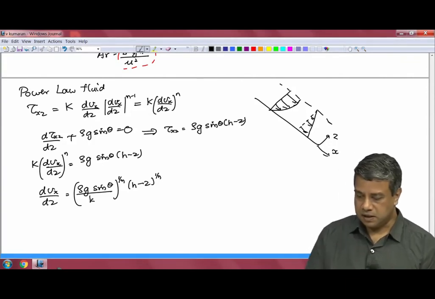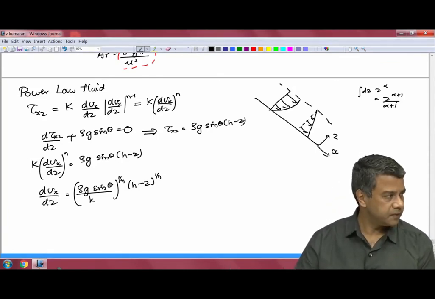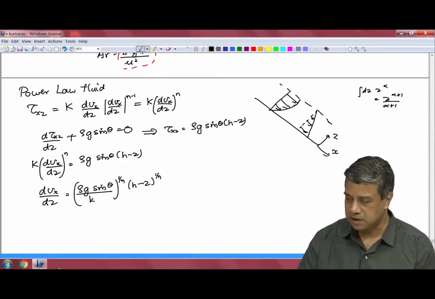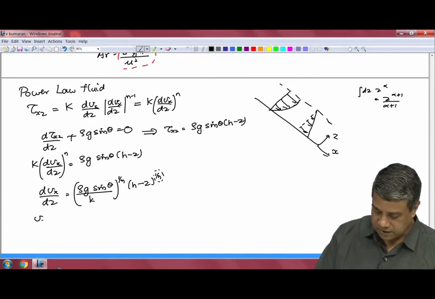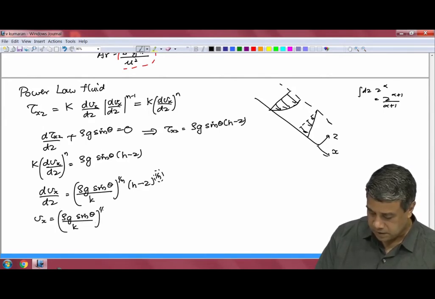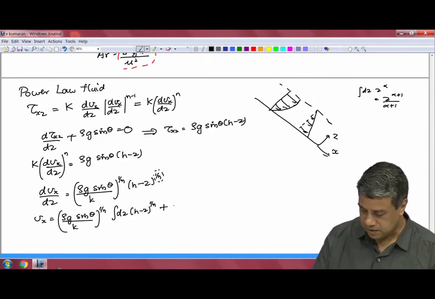Recall that the integral of dz times z power alpha is equal to z power alpha plus 1 by alpha plus 1. In this case alpha is 1 over n. Therefore, Vx is equal to rho g sin theta by k whole power 1 over n into the integral dz of h minus z power 1 by n, plus some constant.